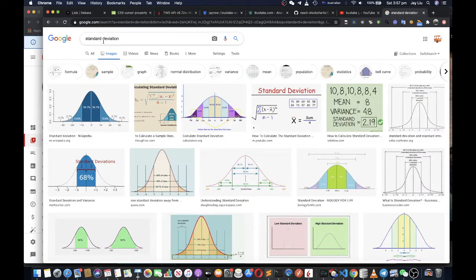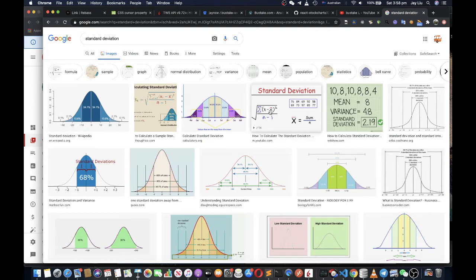So I searched the images by the keyword standard deviation. It gave me these pictures. Okay, I think this picture is very good. It shows the average value, so the average is 0. The deviation you can see is minus.